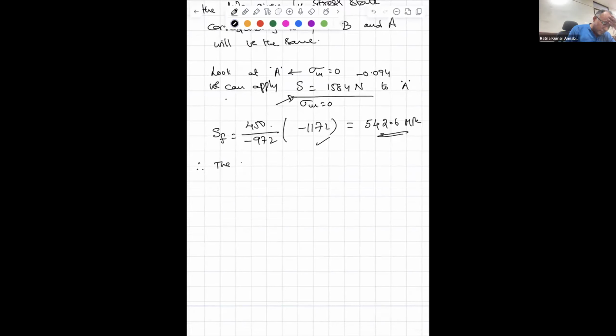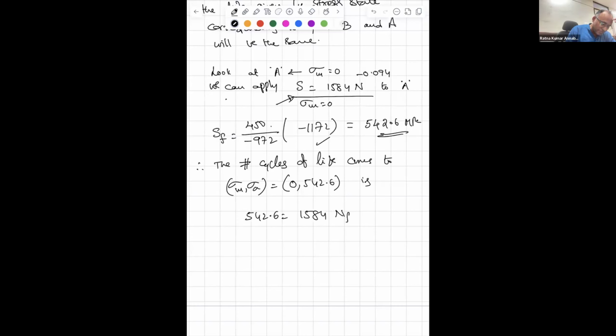Therefore, the number of cycles of life corresponding to sigma m comma sigma a equal to 0 comma 542.6: 542.6 is equal to 1584 times NF to the power minus 0.094.